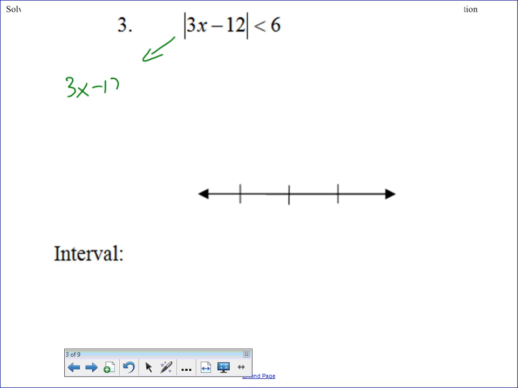Either 3x minus 12 is less than 6 is our first inequality. And our second inequality is 3x minus 12 is greater than negative 6. Remember that when we create the negative version of the inequality, we have to flip the inequality.